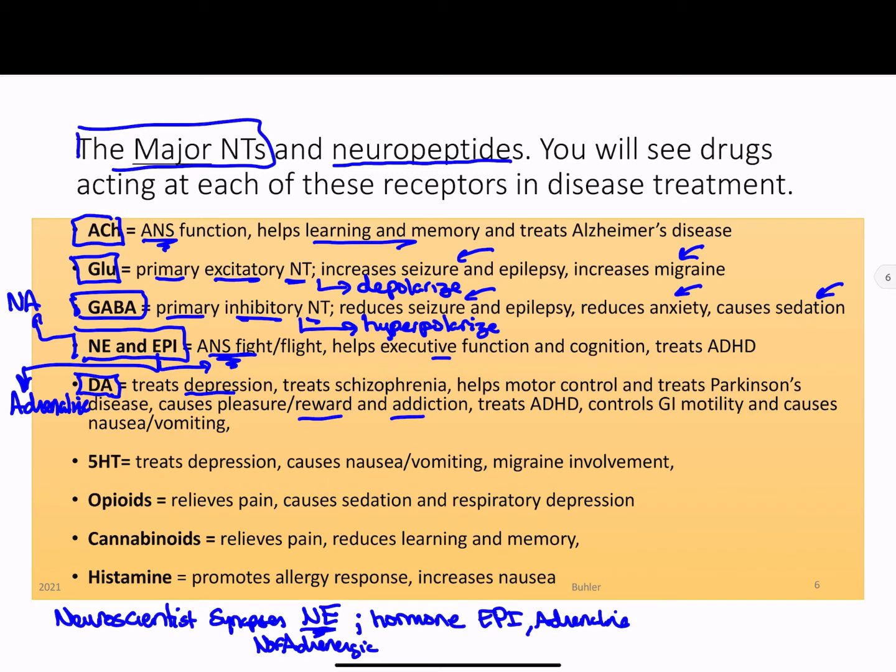It's just that it seems to be involved in a lot of pathophys and a lot where we have drug targets. So we talked about depression, schizophrenia, motor control, pleasure and reward, which can turn into addiction, helps with cognition and ADHD.